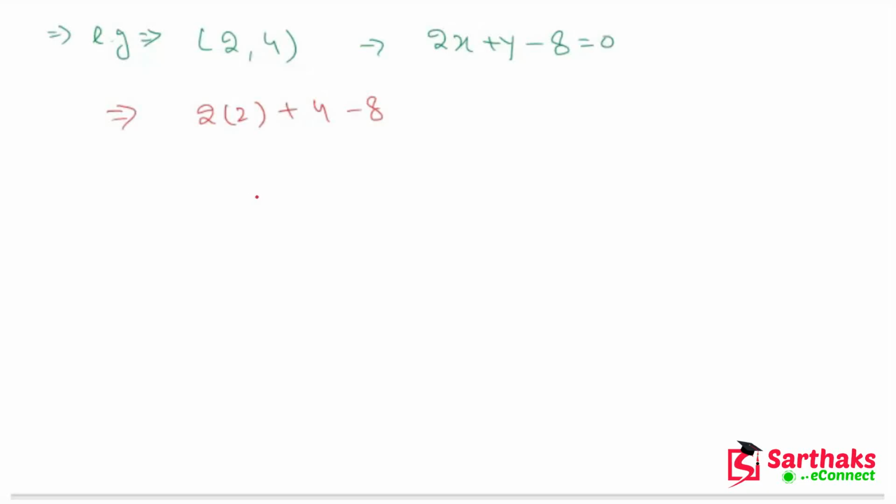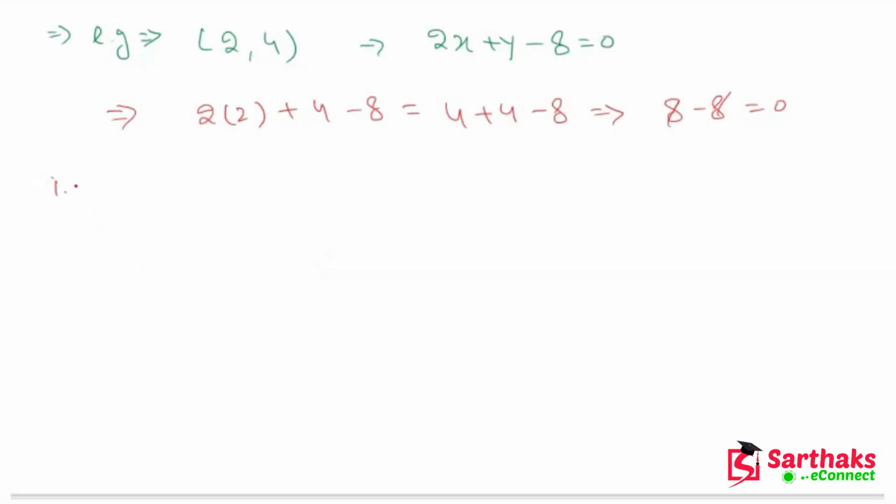For example, we have the point (2, 4). This point is the solution of the linear equation 2x plus y minus 8 equals 0, because if we put x as 2 and y as 4, we get 2 into 2 plus 4 minus 8, which is 4 plus 4 minus 8, which is 8 minus 8, equal to 0.